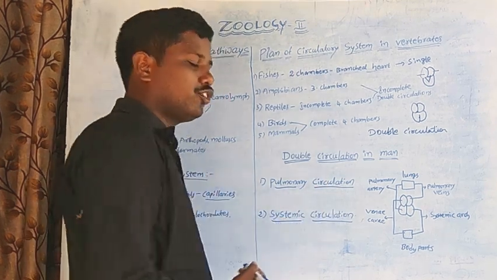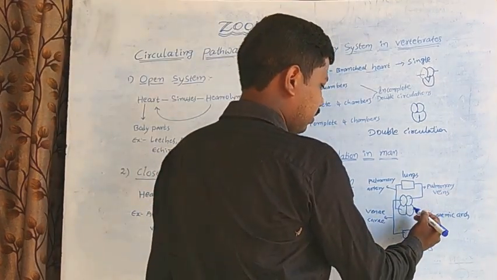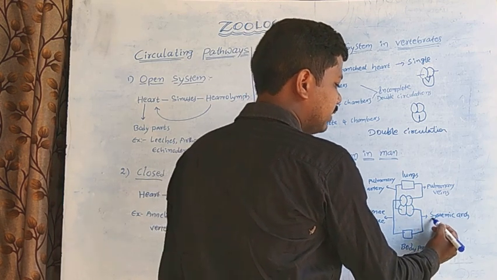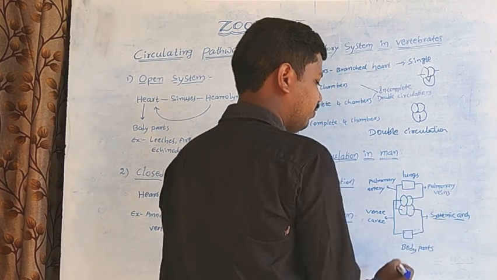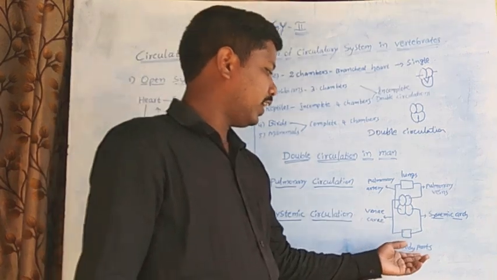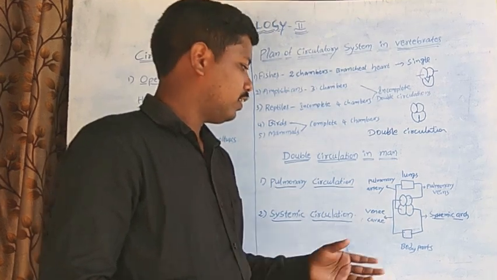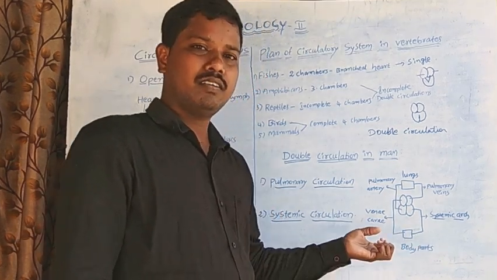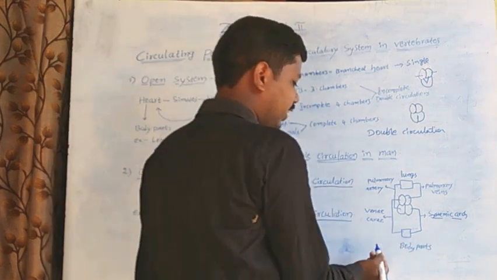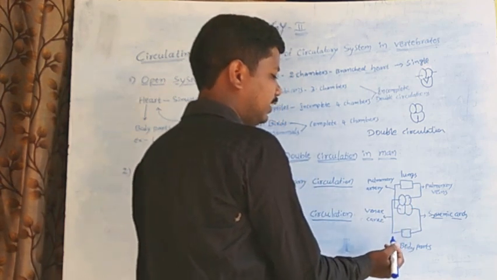Next one, systemic circulation. In this process, oxygenated blood is carried by the systemic arch from the left ventricle to various body parts and provides nutrients and oxygen. It collects the wastes, carbon dioxide, from body parts through the vena cava, and it leads into the right atrium.